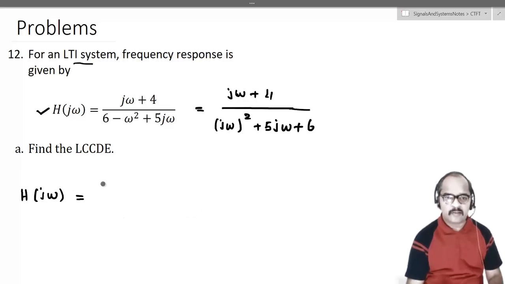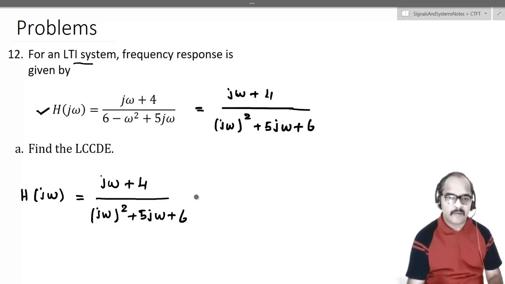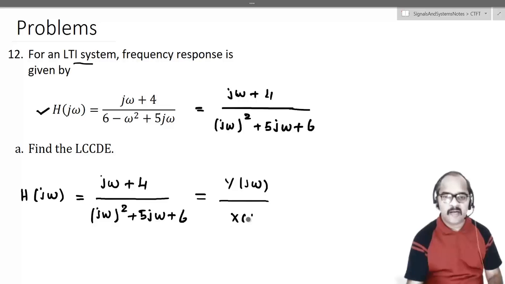So what did we get? H of j omega is (j omega plus 4) divided by (j omega)^2 plus 5j omega plus 6, and this we know is equal to Y of j omega by X of j omega. So let us do the cross multiplication. What do you get?